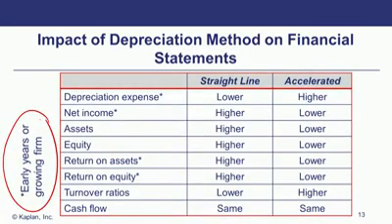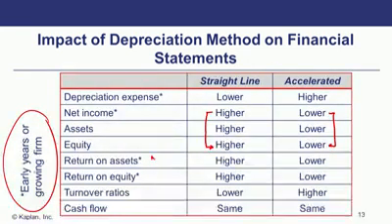Equity, higher under straight line, lower under accelerated. I always use the rule, link it to net income. If you've got higher net income, then by default you've got higher equity, because higher net income means higher retained earnings. Likewise, lower net income gives us lower retained earnings and lower stockholders' equity.